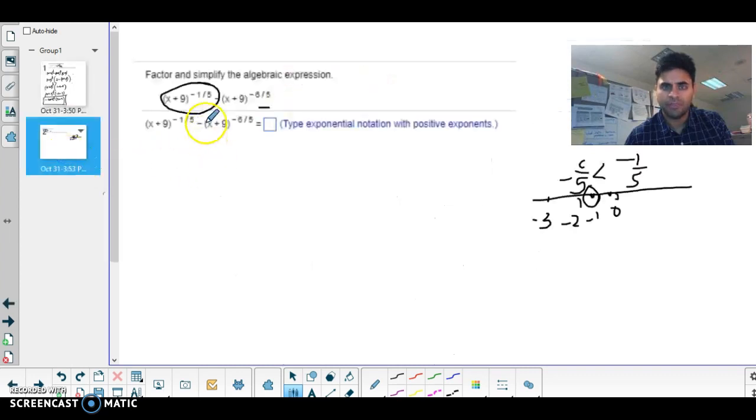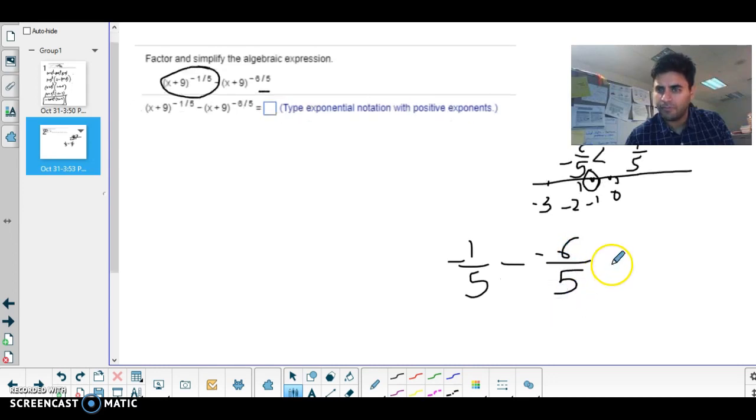So here, which one is the bigger quantity? Negative 1 by 5. So negative 1 by 5 minus, which is the smaller quantity? Negative 6 by 5. Minus and minus, this will change sign. So let's break it into simple steps.